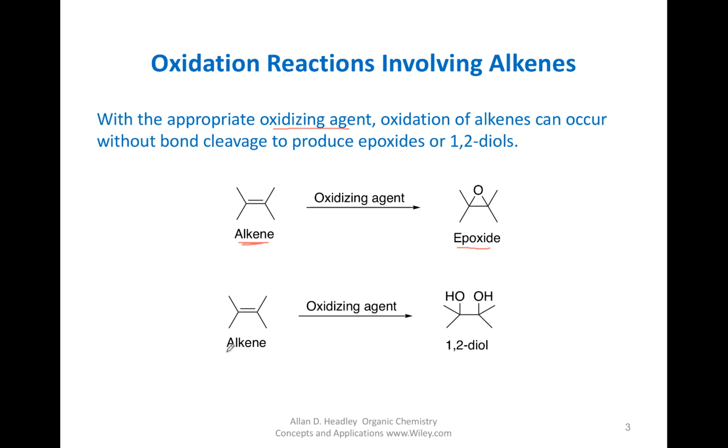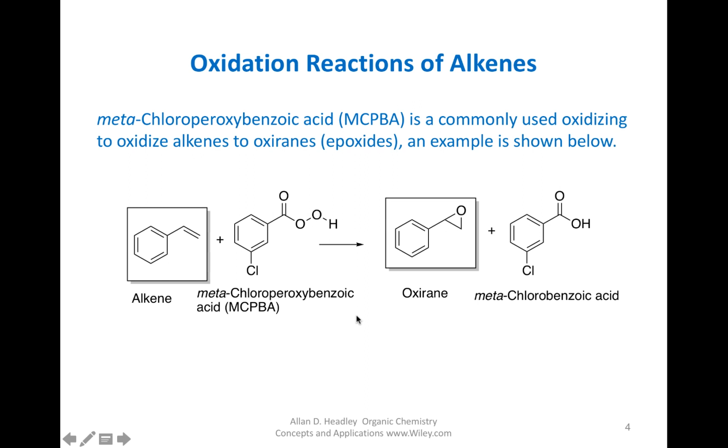Or we can take an alkene and oxidize it to get a 1,2-diol, again without breakage of the bond. So let us look at these reactions. The first reaction is taking the alkene and converting it into an oxirane or an epoxide.